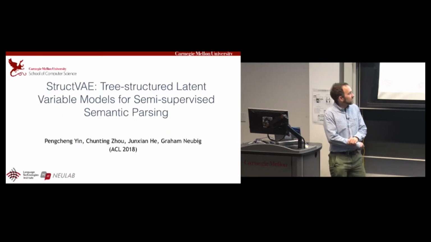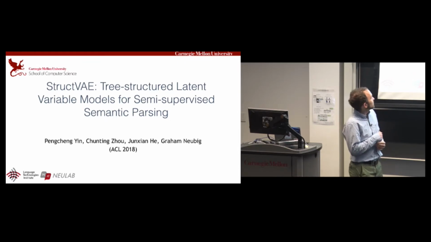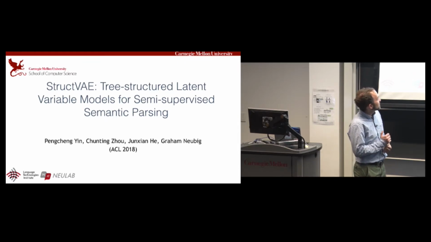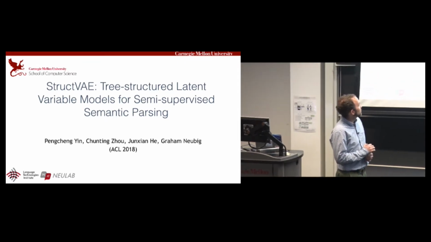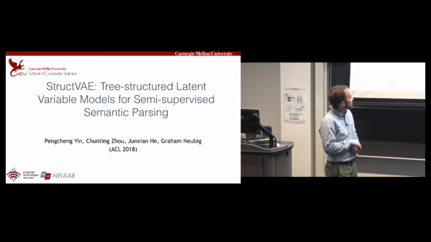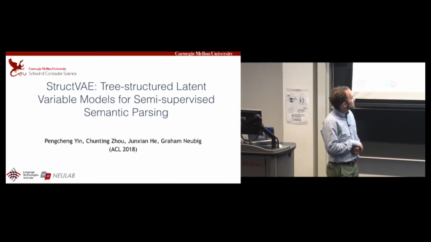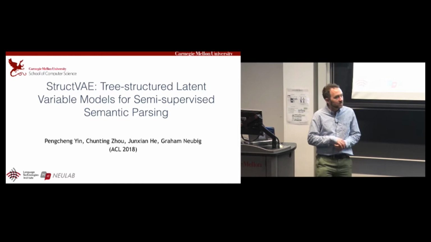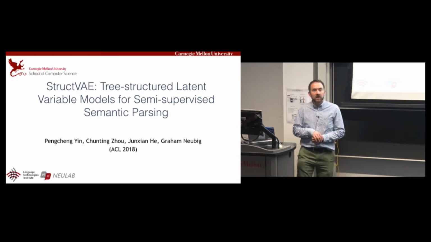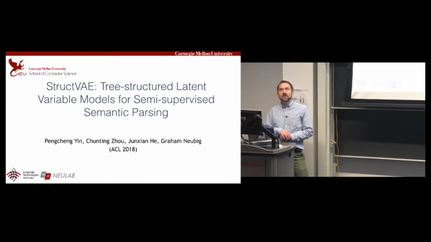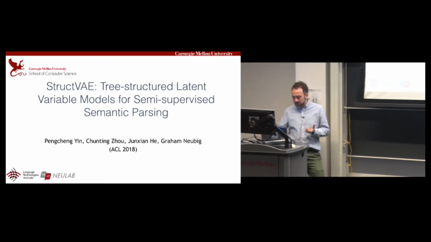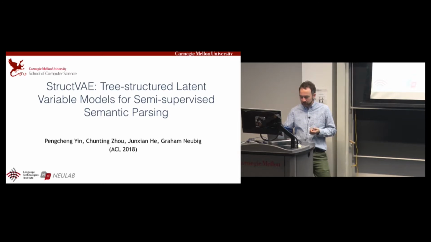So next I'll talk about something a little bit different. This is very similar in the variational autoencoder paradigm. The difference here is that instead of having latent variables that are continuous vectors or discrete vectors of tags, we rather have variables that are actually structured outputs.